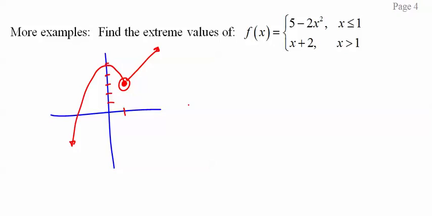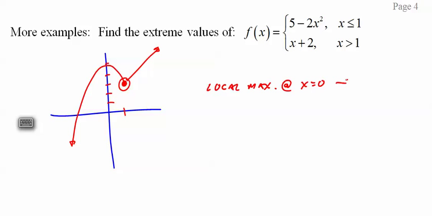All right. Let me make sure I'm being clear here. So, the only stationary point is at 0. So we have a relative or local. I like to write local. Max at x equals 0.